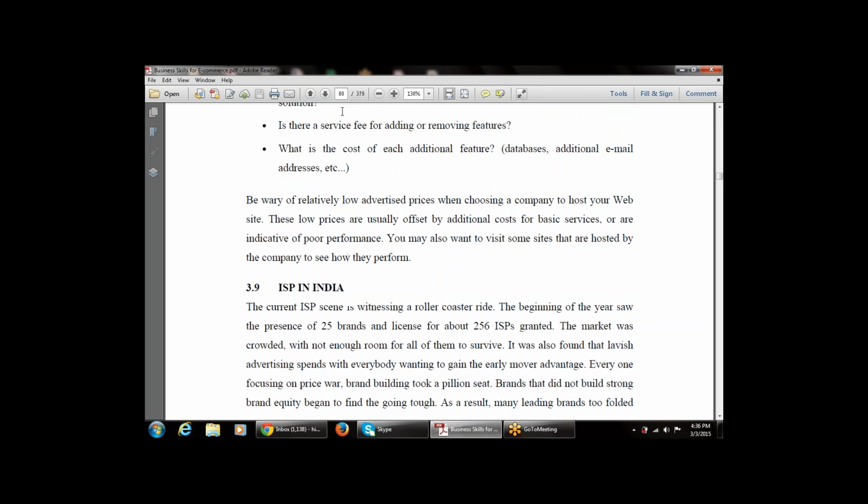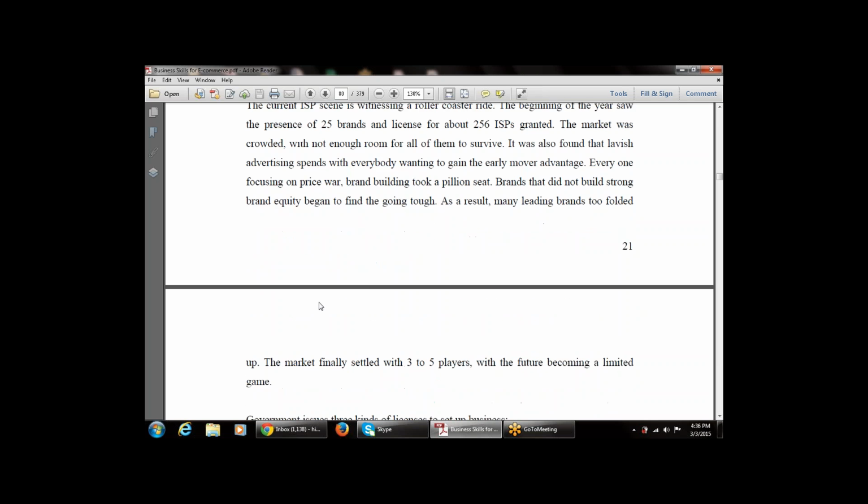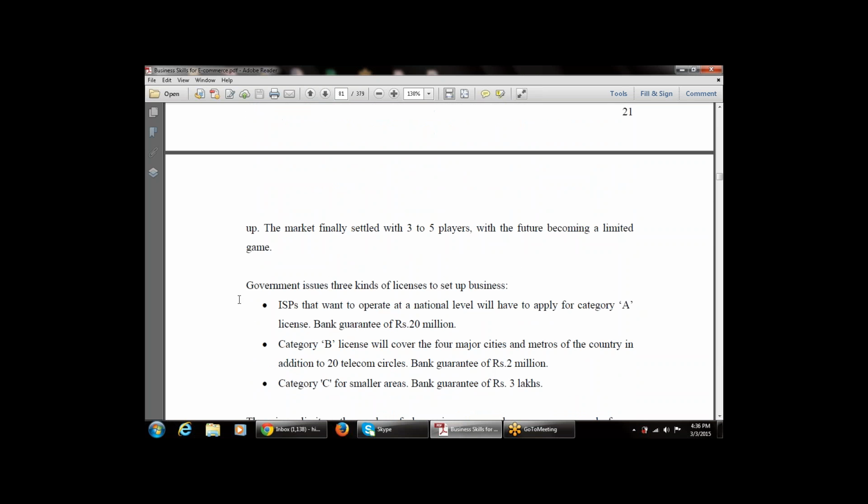Right. Then we have discussed the next topic, 3.9, ISP in India. That is, what type of ISP, the internet service provider, is used in India. The government issues three kinds of license to set up the business.